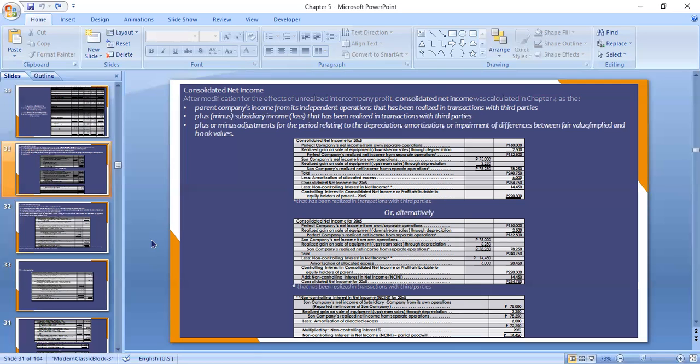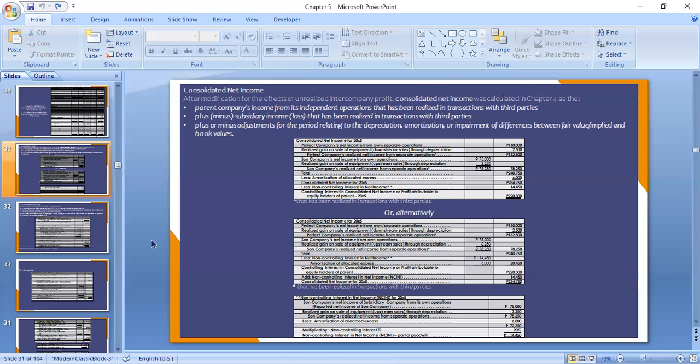As well, we add the net income from the operations of the subsidiary, and we add the realized gain on sale of equipment, considering that there is an upstream sale through depreciation.